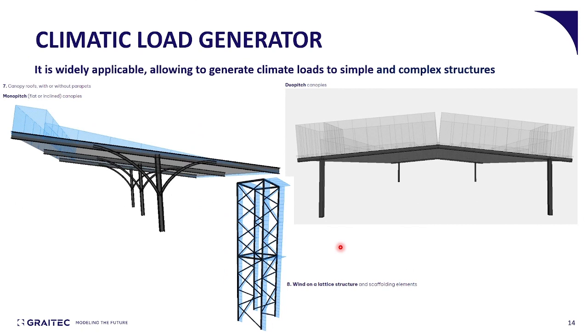And finally, the canopy roofs, either with or without parapets, monopitch, flat or inclined canopies, or dual-pitched canopies. And finally, the option to generate and see the wind, with its variation, on lattice structures and scaffolding elements.